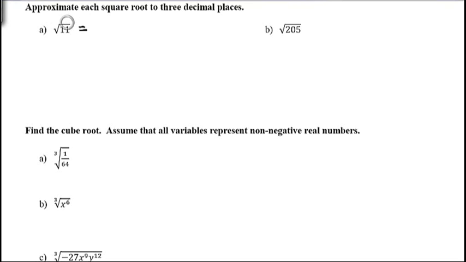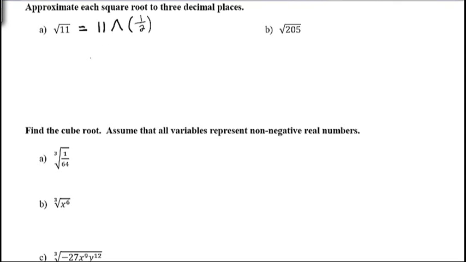If you don't have a square root button on your calculator, you can type in 11 and then do what's called a caret symbol. It looks like an upside down capital V, and then put in your power, and we'll talk a little bit more about this later on, but the power when you have a square root is going to be 1/2. So if you want to do the square root of 11, you can type this into your calculator as well. Make sure that you put this fraction in parentheses.